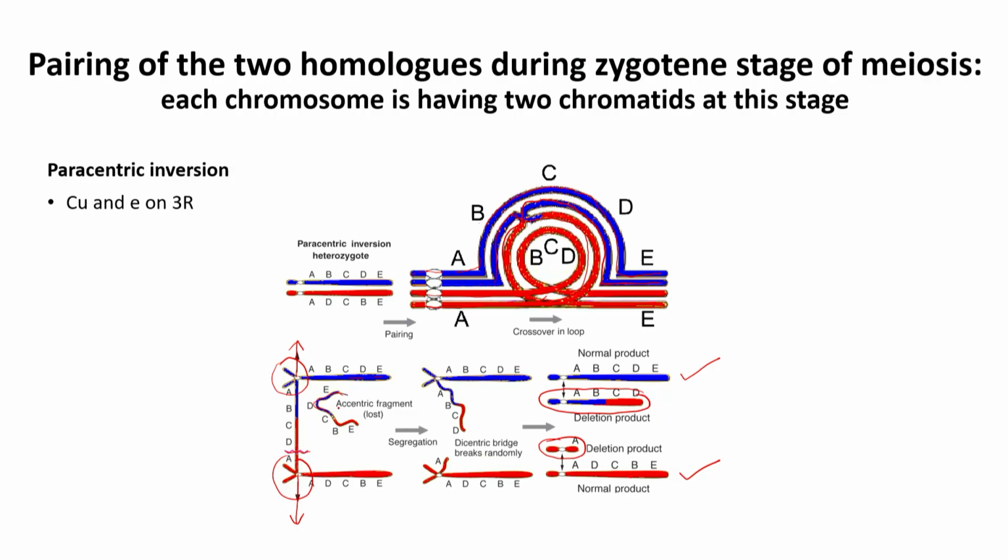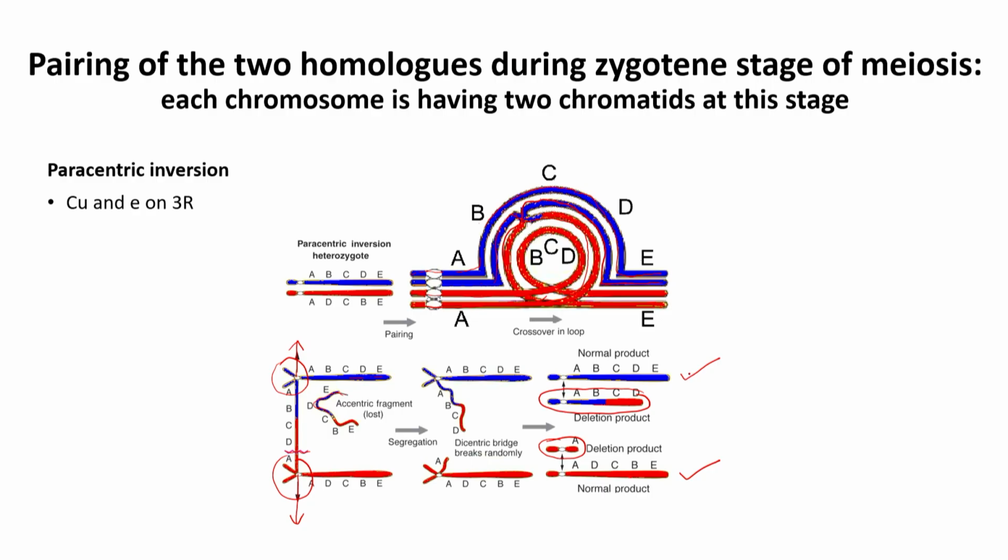And I am sure you will be asking what will happen to the acentric fragment, because it does not have a centromere. This cannot be pulled to any pole. It can remain with its cell, and subsequently it can go to one side and finally may create a problem, or it will get lost right there. So the result is two viable gametes.